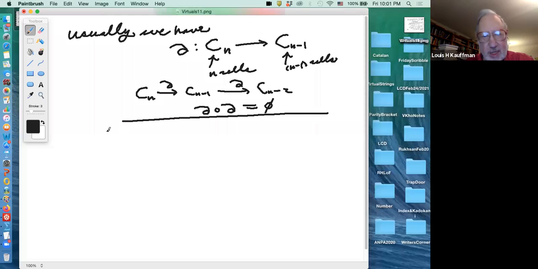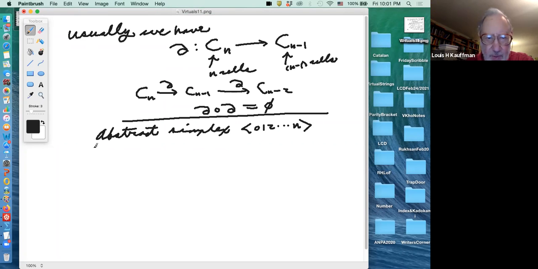And a good example of this is an abstract simplex (0, 1, 2 through n), where the picture is 0 is a point, and 0, 1 is a little line segment from 0 to 1.